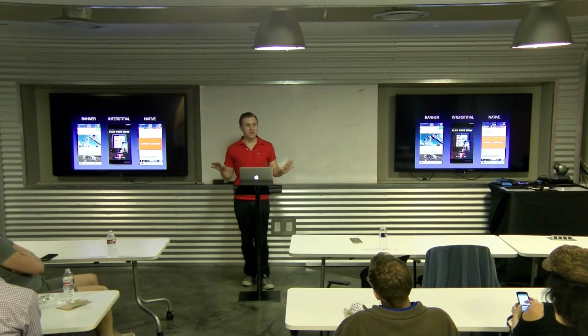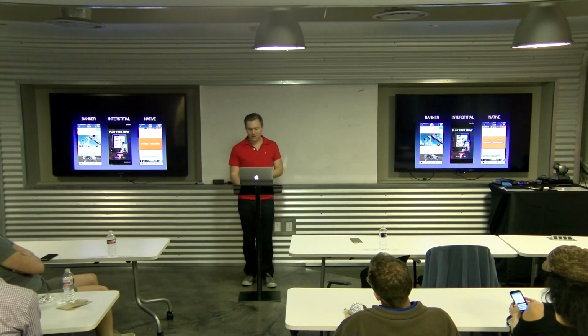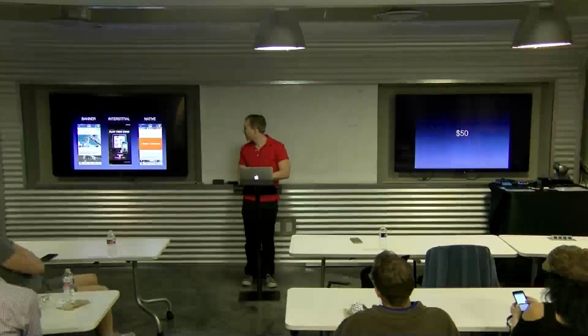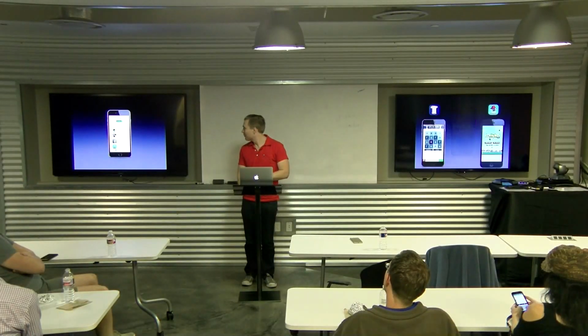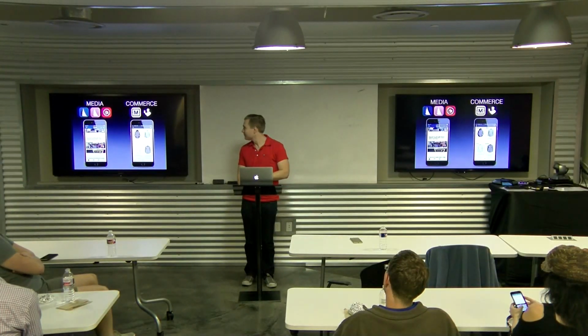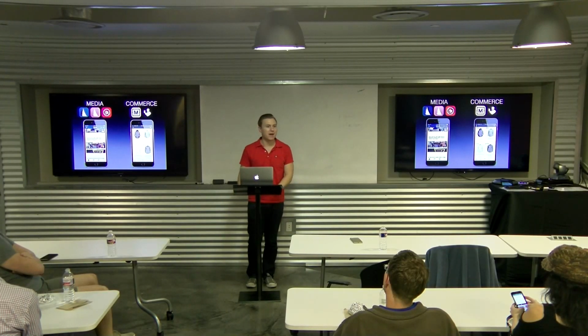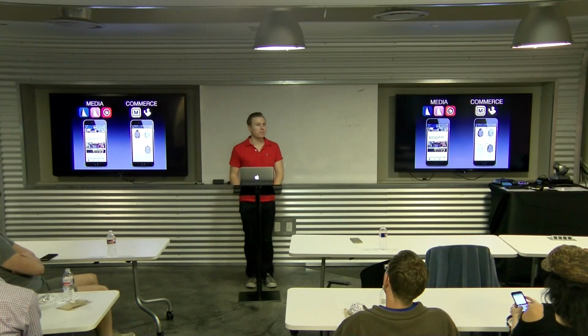We couldn't resubmit an update or anything. If we wanted to launch Postgrad Problems again on Google Play, we had to submit a completely different binary under a different package name, so old users wouldn't get the update. Luckily, we said, all right, forget this, we'll come back to it later.